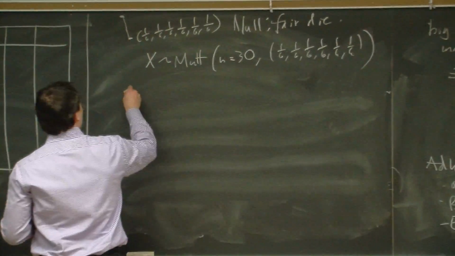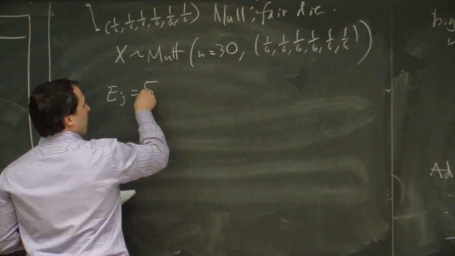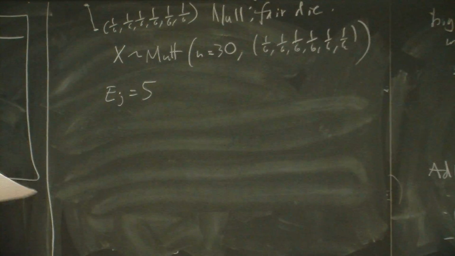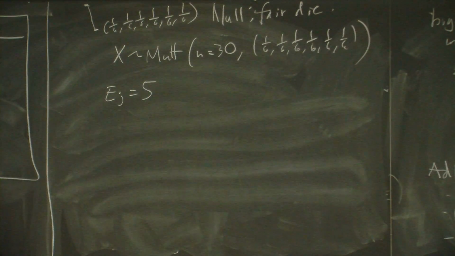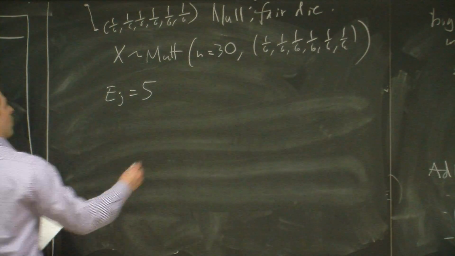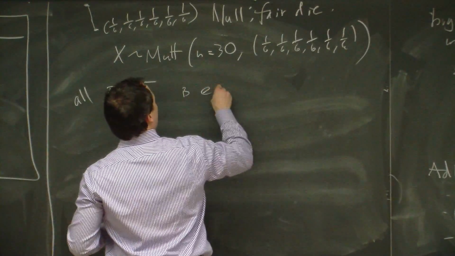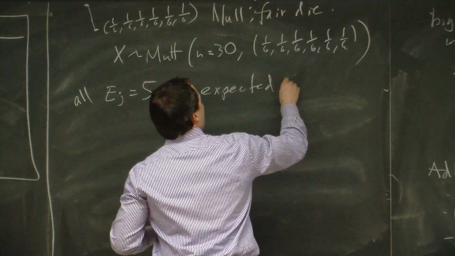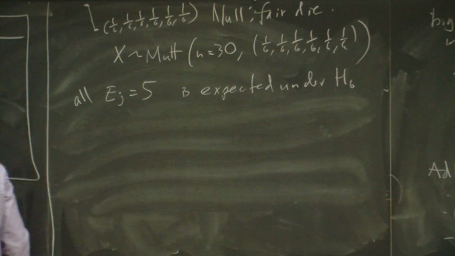So we compute the expected counts. The expected count in each cell is just 5. We expect to roll a 1 5 times, a 2 5 times, a 3 5 times, and so on. So under the null, that's what we think.